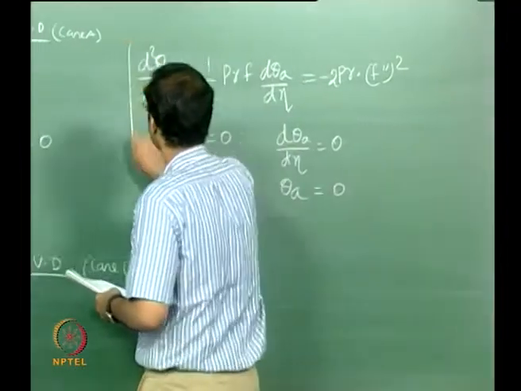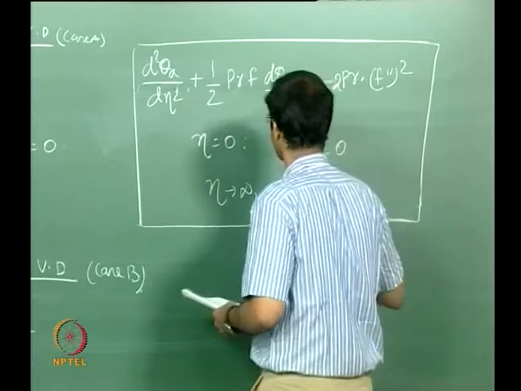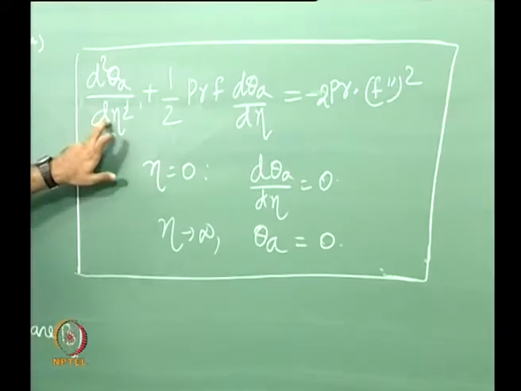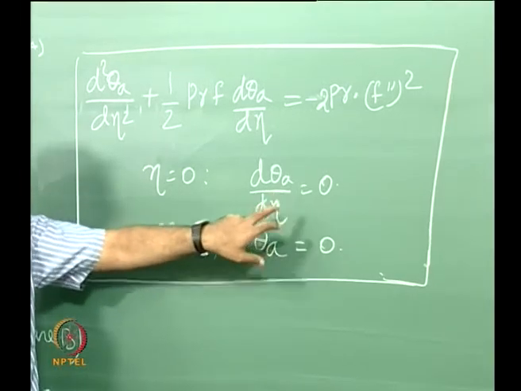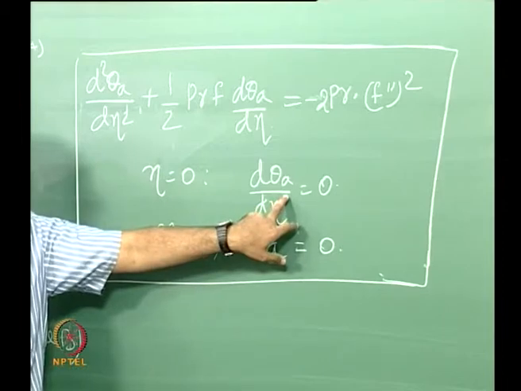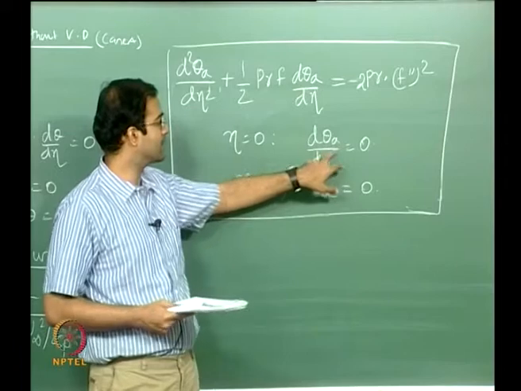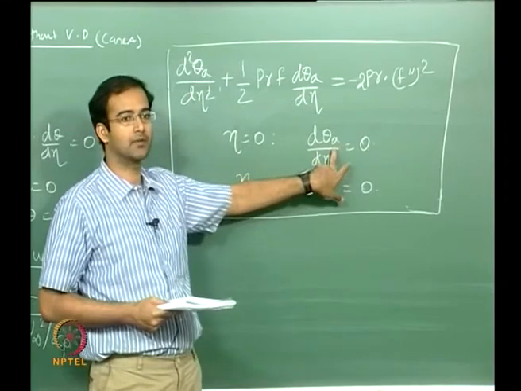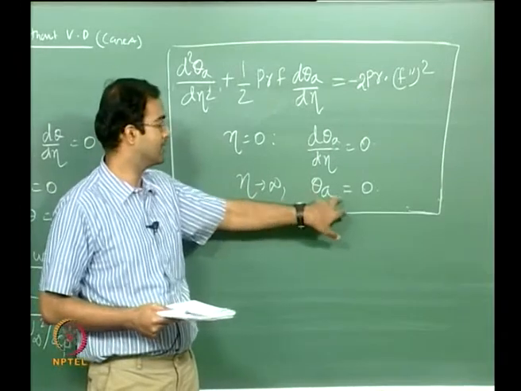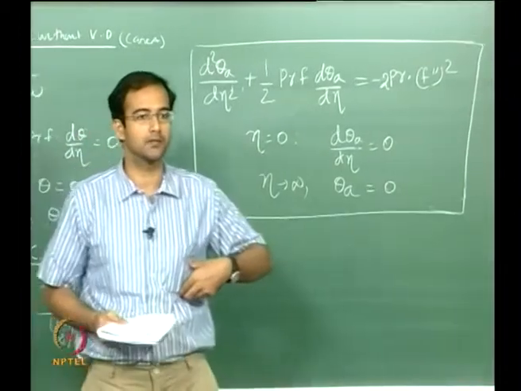Now this again can be solved by the shooting method. This is another ODE which you can write as two first order ODEs. You have the boundary condition for theta prime at eta equal to 0, but you don't have the boundary condition for theta at eta equal to 0, so you can guess the value of theta at eta equal to 0 such that theta at some eta equal to 10 becomes 0.